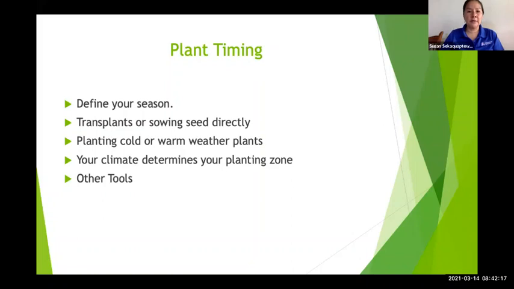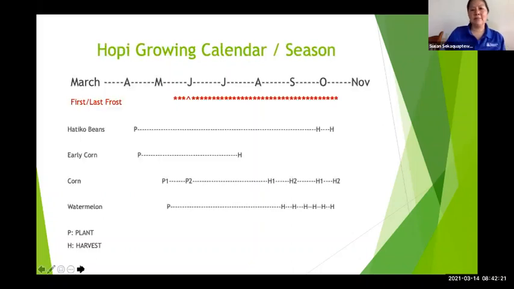So we're going to go through all of these things, plus some other tools, that will help us determine how to create our own calendar. Because this workshop is brought to you by the Hopi Cooperative Extension Office and is targeted to our Hopi community members, I chose to start this session with helping you look at the Hopi growing calendar or Hopi growing season, because we are all pretty familiar with this, and I just took it out of my head and put it down on paper.